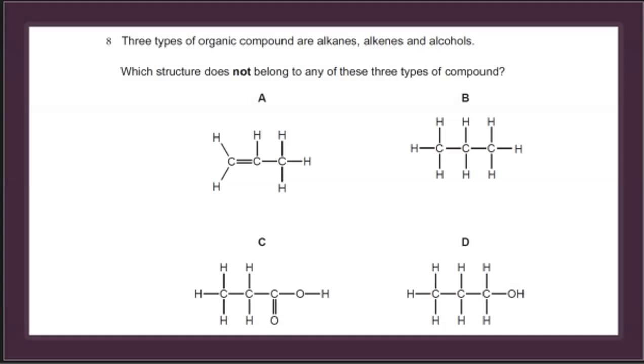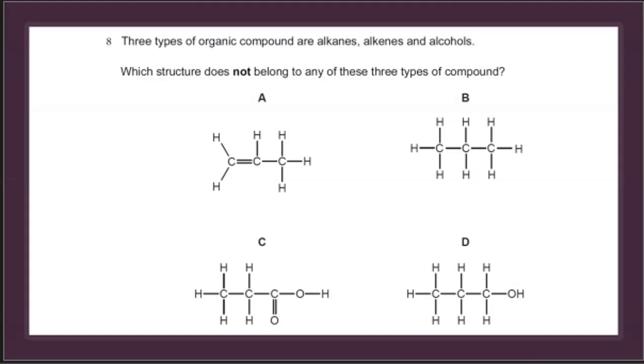All right. So question 8. Three types of organic compounds are alkanes, alkenes, and alcohols. Which structure does not belong to any of these 3 types of compounds? So the answer to this one, 30 seconds, guys.